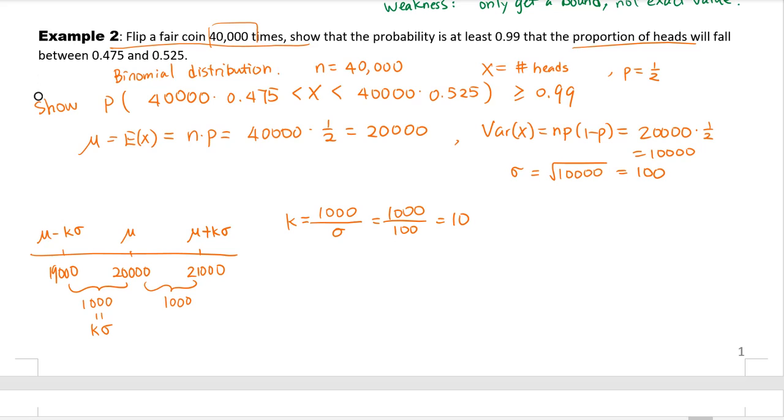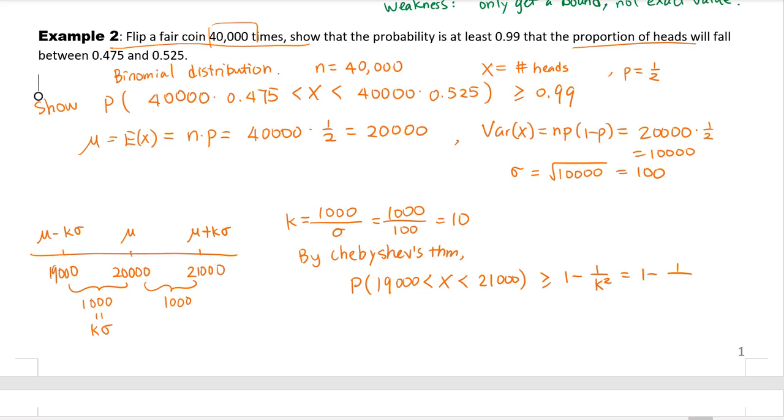Okay, then by the Chebyshev theorem, we know the probability of x near the mean is large. How near? Between 19,000 and 21,000. How large? Greater than or equal to 1 minus 1 over k squared.